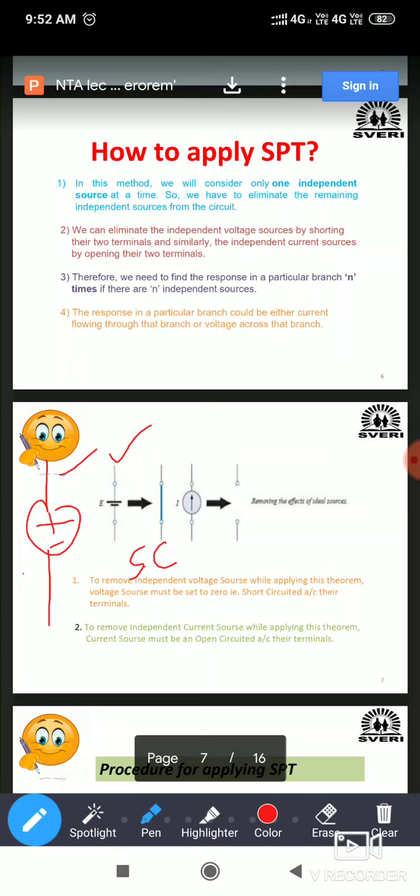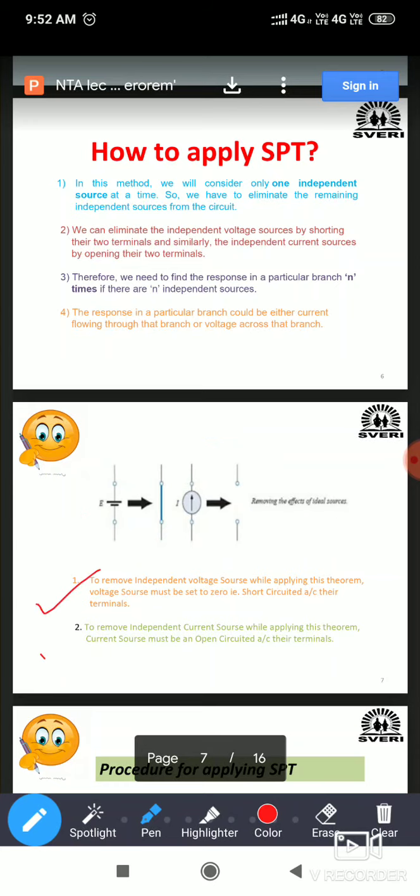This is also ideal voltage source and this is also ideal voltage source. Okay, both these two we can replace by short circuit, whereas this is the ideal current source, that can be replaced by open circuit. Okay, means we have removed that, we have made it open. So this is how we are doing it while solving the problems.